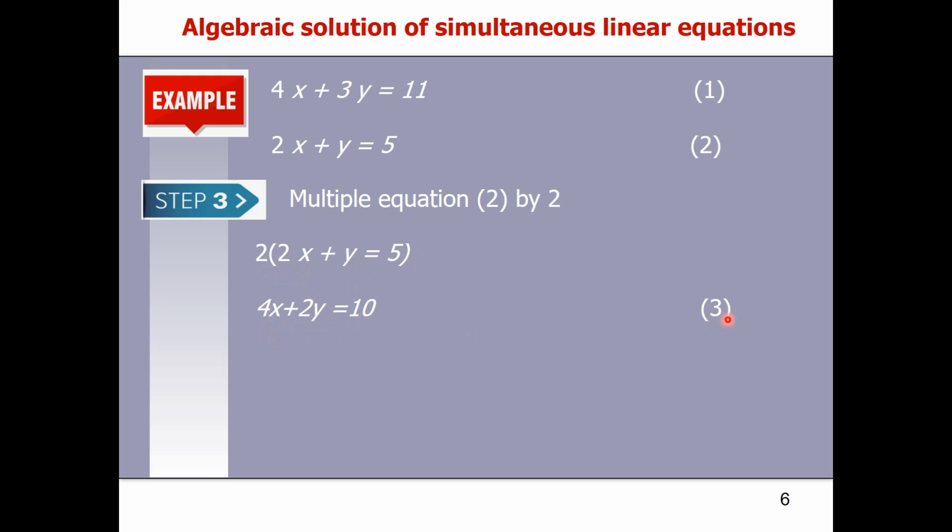So this equation number 3 is derived from equation number 2 after we multiply it by 2. Both of them are the same equation, with the same relation between the left and right sides, except that the numbers are different, because we multiplied the equation by 2 to obtain equation number 3.